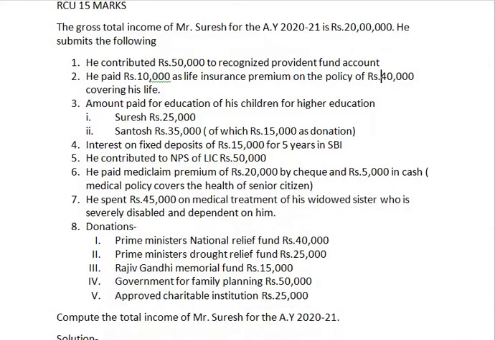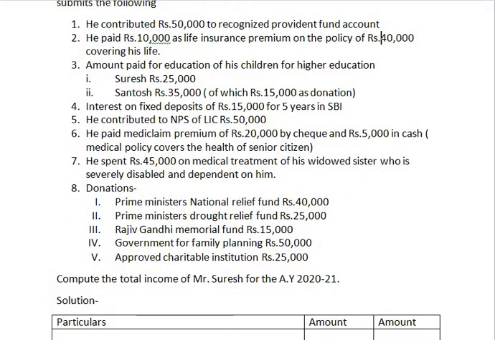And the question is, the gross total income of Mr. Suresh for the assessment year 2021 is rupees 20 lakhs. He submits the following information. He contributed rupees 50,000 to recognized provident fund account. He paid rupees 10,000 as life insurance premium on the policy of rupees 40,000 covering his life. Amount paid for his children for higher education: Suresh 25,000, Santosh 35,000, of which 15,000 as donation.